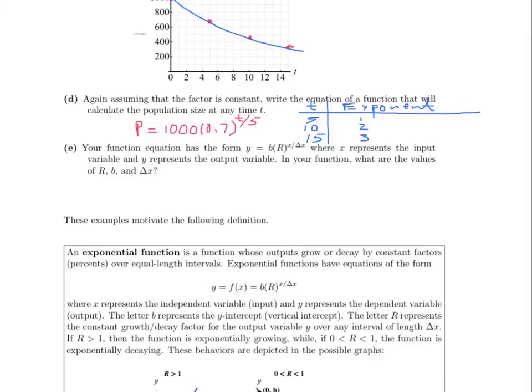Well, I think you can see that b, the letter b, is being filled in with 1,000. The r in this equation is filled in with a 0.7, and the delta x in this equation is the 5.